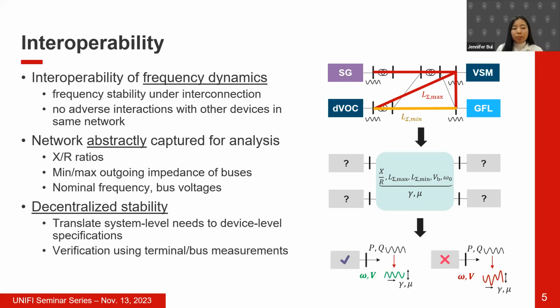Using these properties, we are able to develop a decentralized stability condition that translates system-level needs into device-level requirements or specifications. We can then test whether each device satisfies the stability condition individually. This is how, using just input-output data, we can certify interoperability between devices.